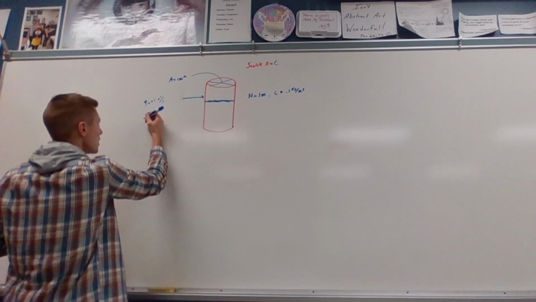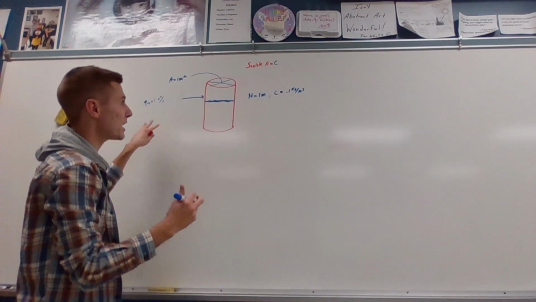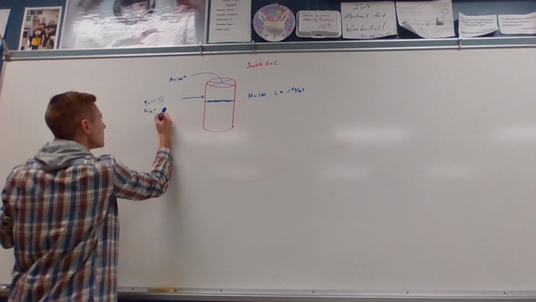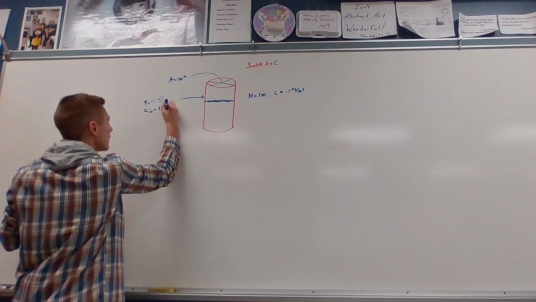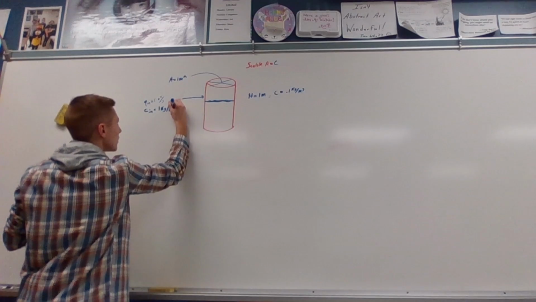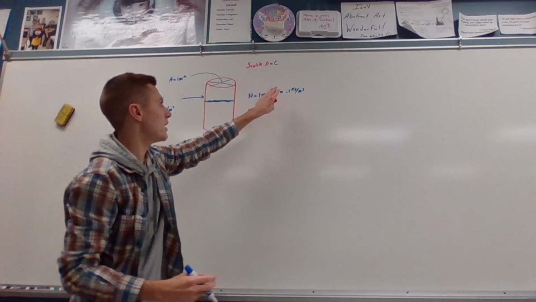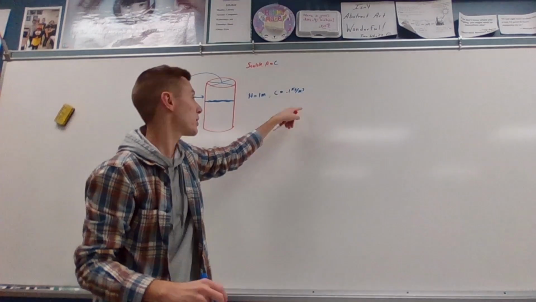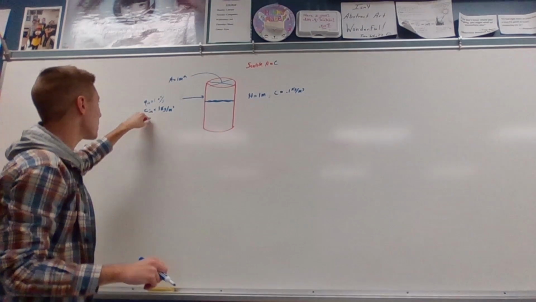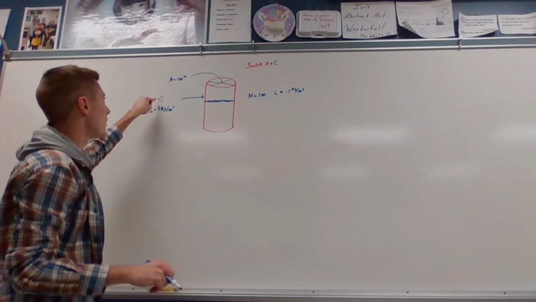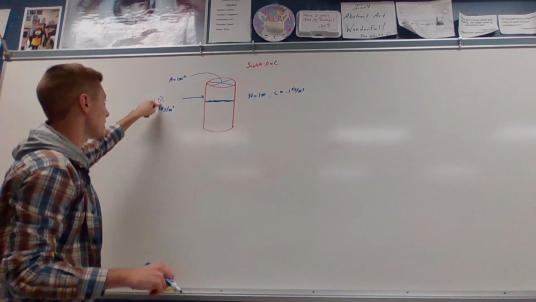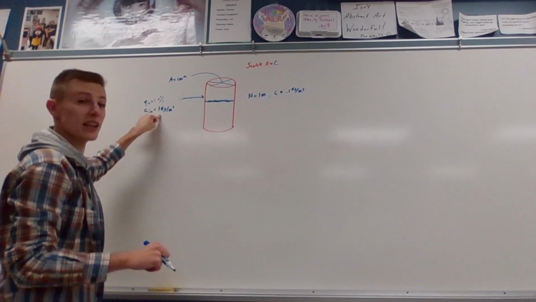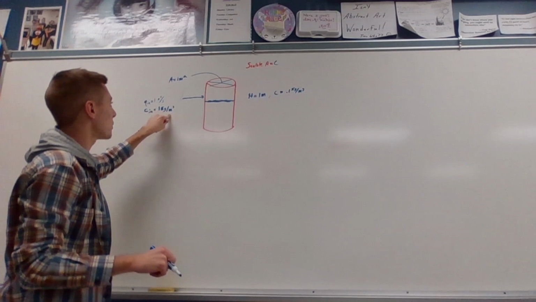And our concentration of solute A coming in, so C in, is equal to 1 kilogram per meter cubed. So the inside of the system has a concentration of 0.1 kilograms per meter cubed, and the concentration coming in with a flow rate of 1 meter cubed per second has a concentration of solute A of 1 kilogram per meter cubed.